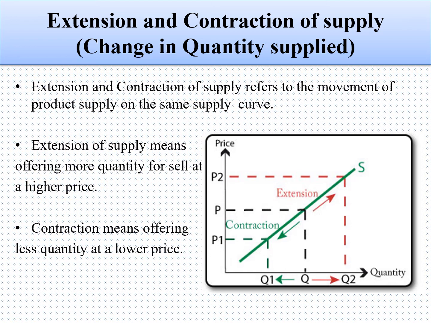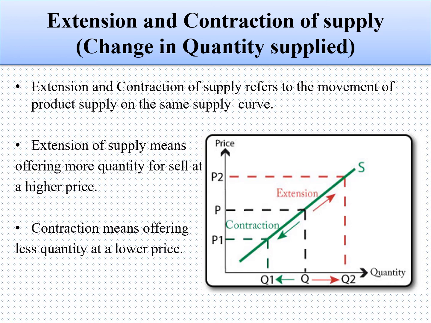If we consider P as the initial price, and at price P the producer is selling Q quantity of his produce. Now the situation changes and price rises from P to P2. Then the producer is supplying more quantity, that is Q2, to the market.